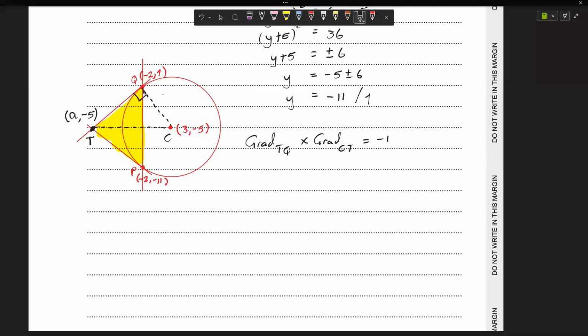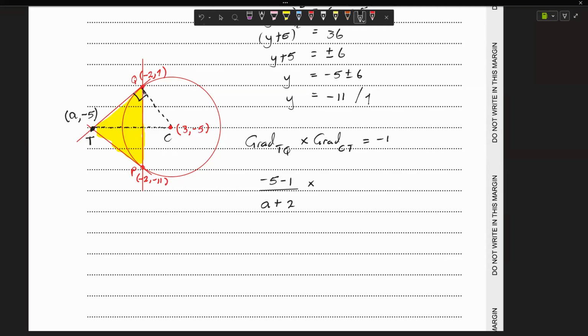So to find the gradient of TQ, we have -5 minus 1, over A minus 2, which becomes A plus 2, times the gradient of CT.